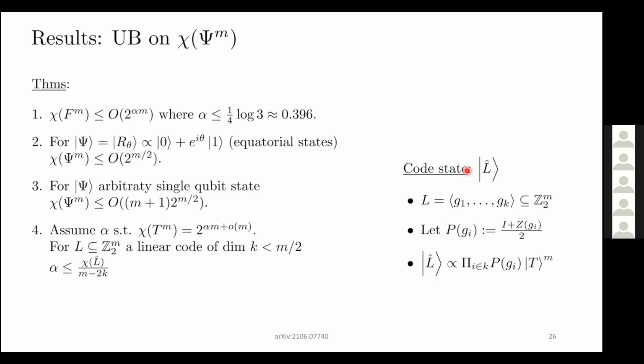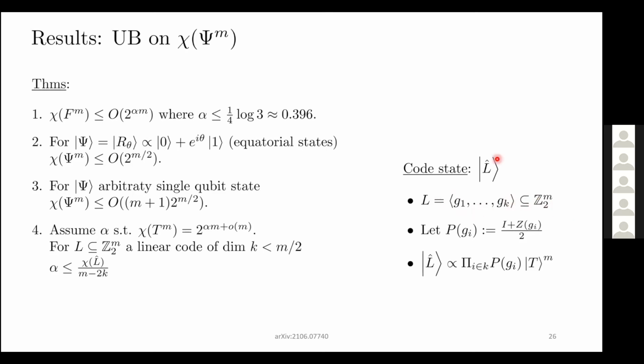The linear code can be written in terms of generators. It's K dimensional, so you have K generators, each one a bit string in Z2 to the M, and the set of them generates some code in Z2 to the M.